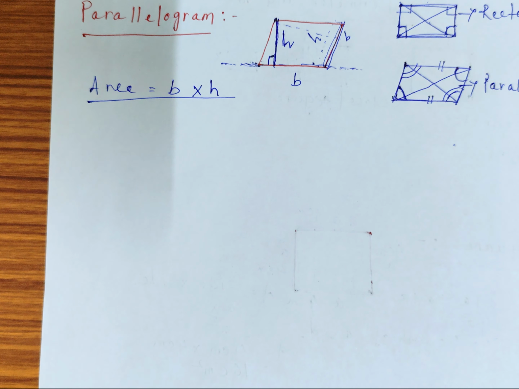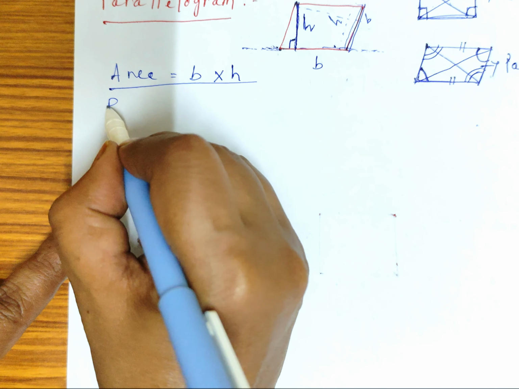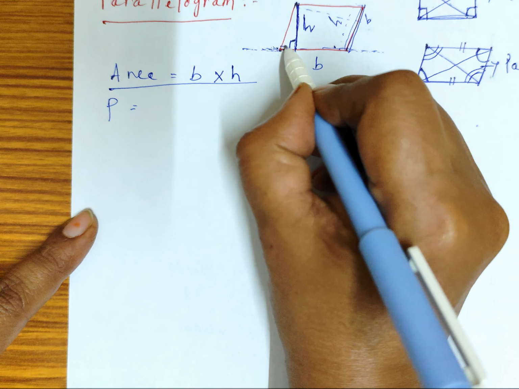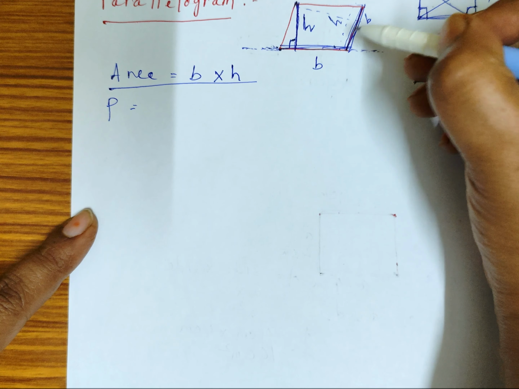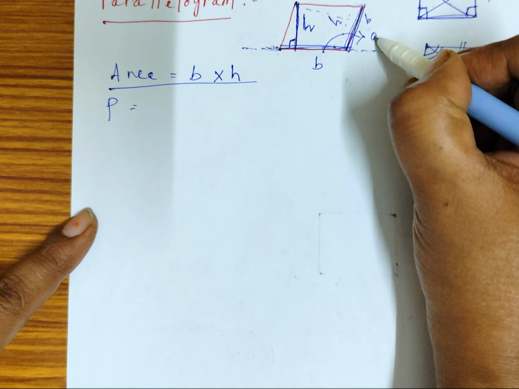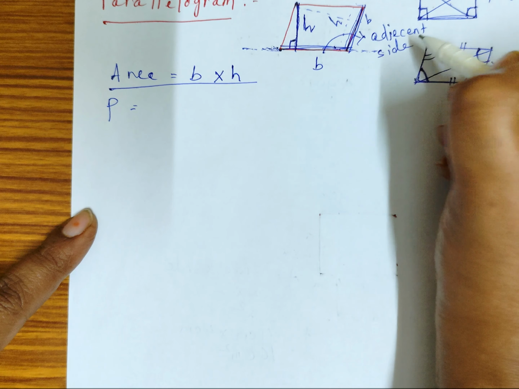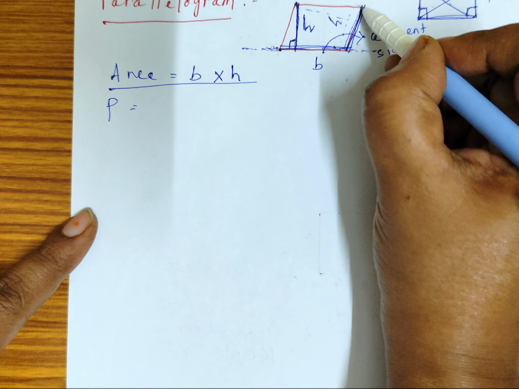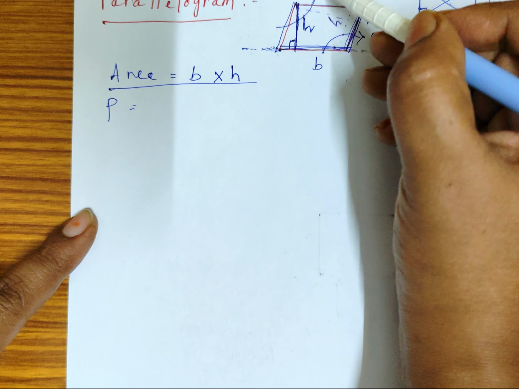And for perimeter there is no such definition, but for perimeter it will be, see, this one and this one, this side and these sides. These two sides are called adjacent sides, right?